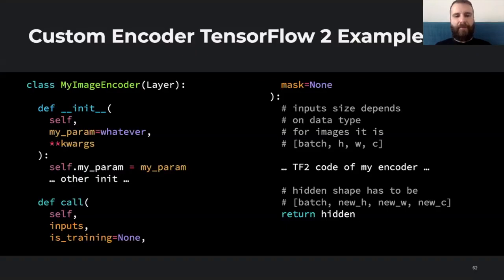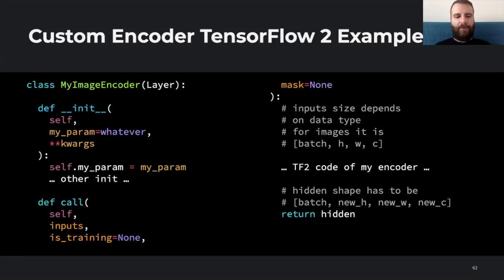And in the init function, you can provide all the hyperparameters that you want to expose in the Ludwig model definition. And in the call, what you actually do is you just have to obtain the inputs and whether the model is training or not, and potentially a mask.